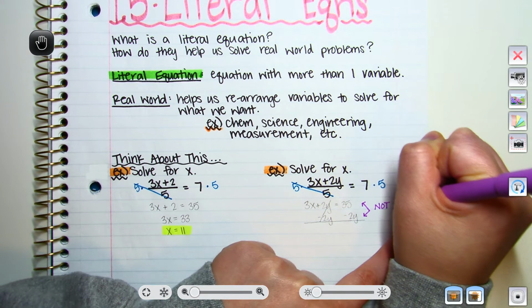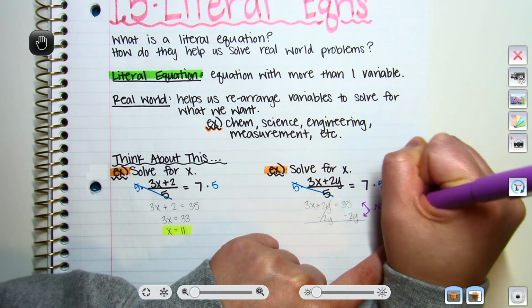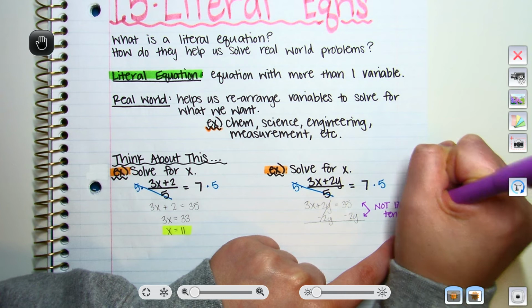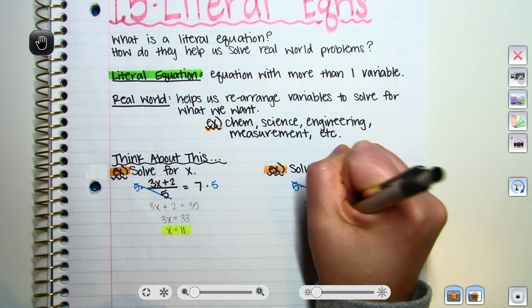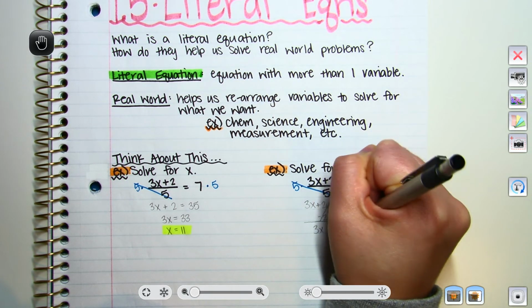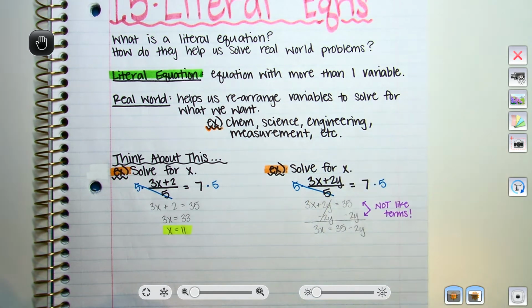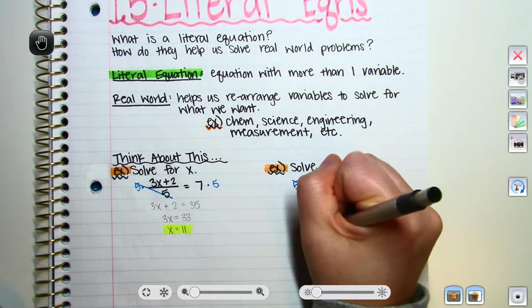Not like terms. Which means we cannot combine them together like we did here with the 35 and the 2. They have to stay separate. So 35 minus 2y, they cannot be combined together. Now the last step is to divide both sides by 3.